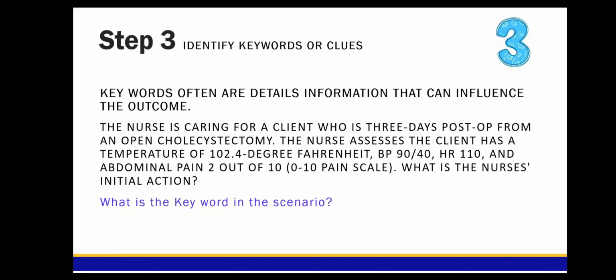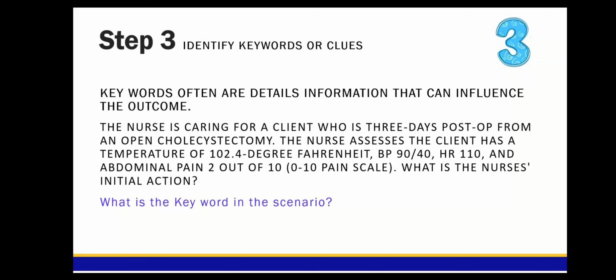It's just background information, giving you a backdrop of the situation. So you have to determine what is significant and what is not. How is this going to affect the outcome of the question? Is it pertinent enough for me to pay attention to it? So think about keywords as a hint, a clue.